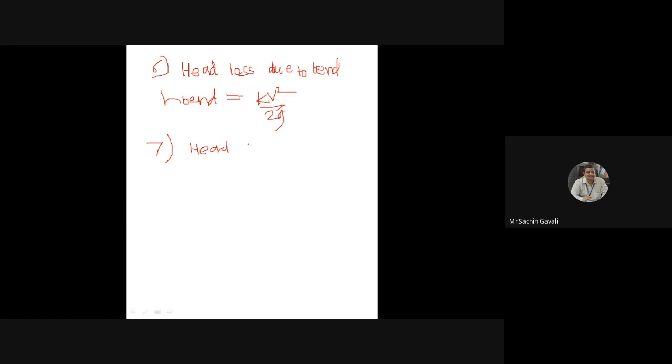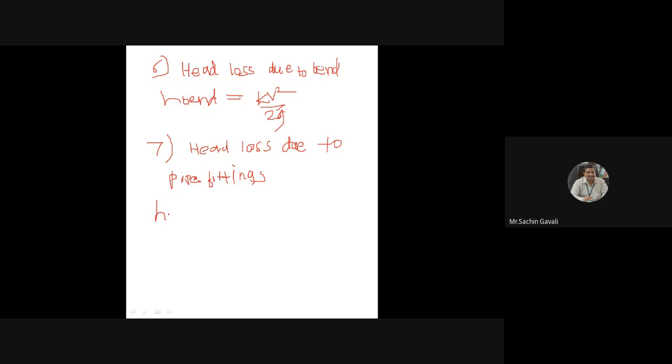Here other pipe fittings are there, head loss due to pipe fittings. What is that formula?